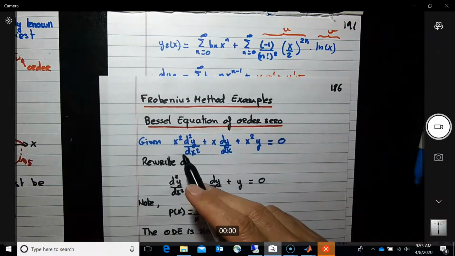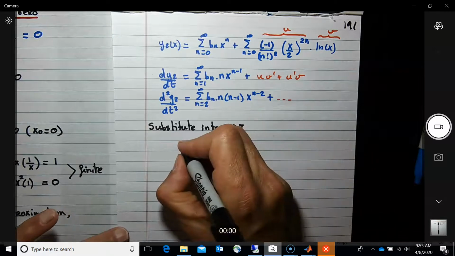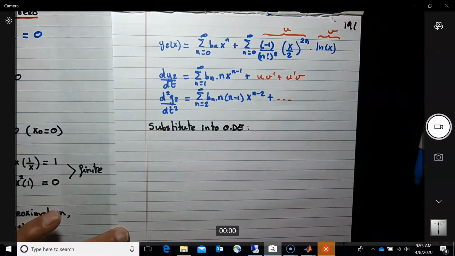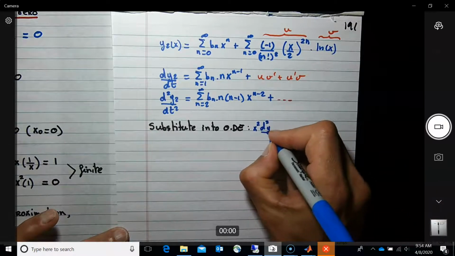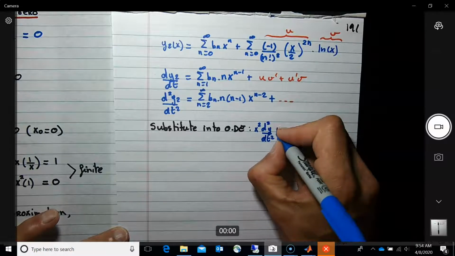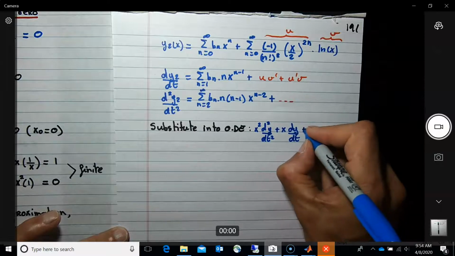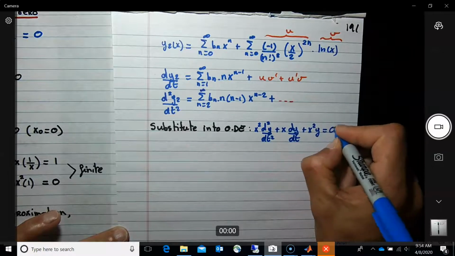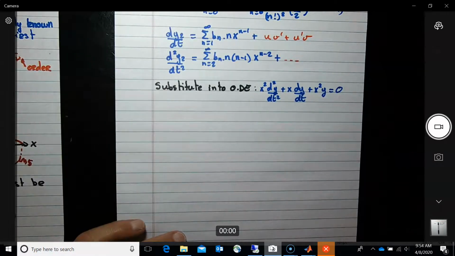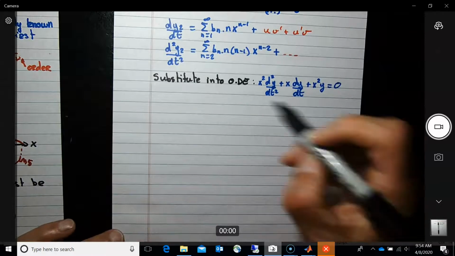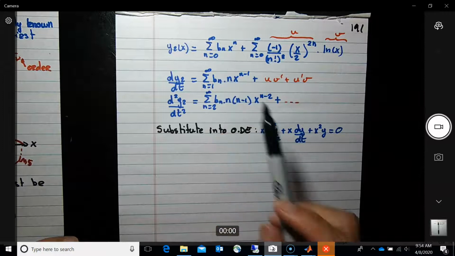So you substitute into that equation, into the ODE, which is x squared times the second derivative of y with respect to x, plus x dy dx, plus x squared y equal to 0. Basically the same step as before. And now what you're going to have is what? After doing all this algebra, we find a recurrence equation for b sub n. Okay?